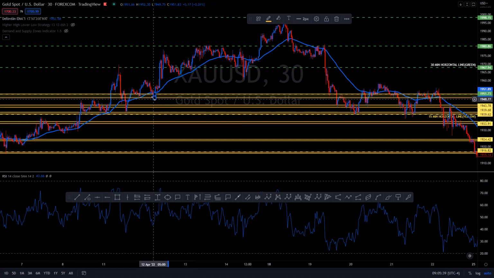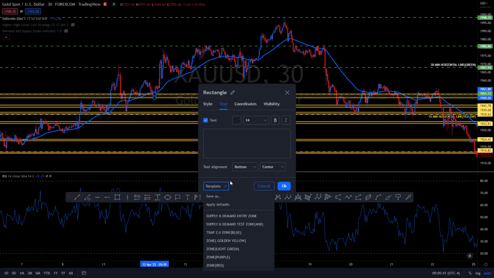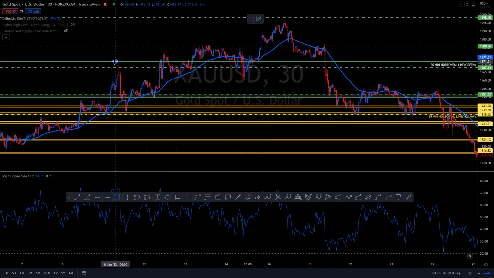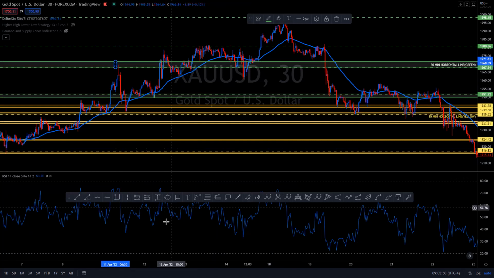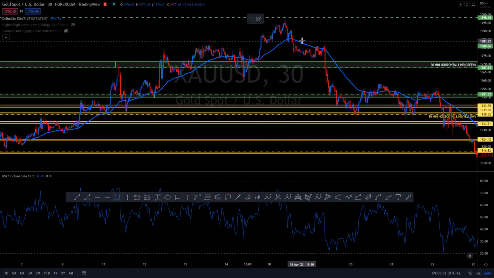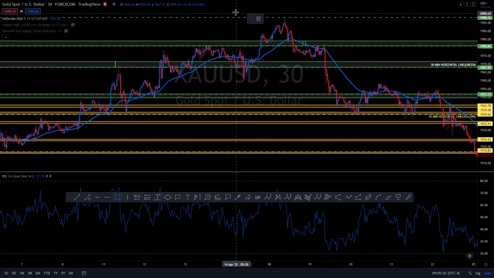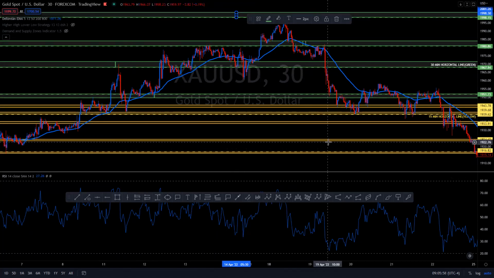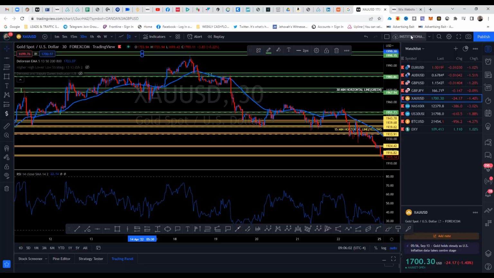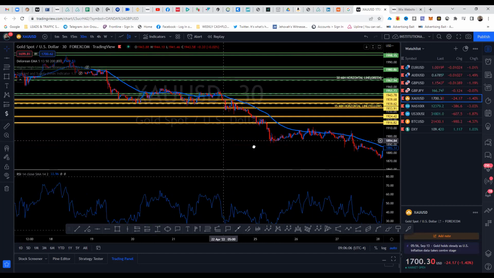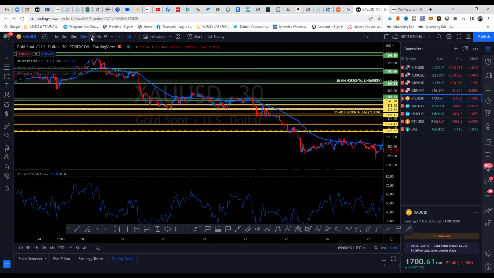So now change these zones to green. All right, so now we'll move on to the 1 hour.